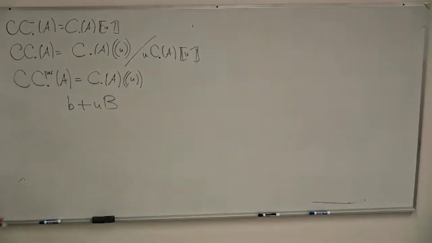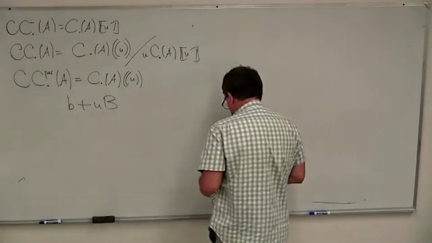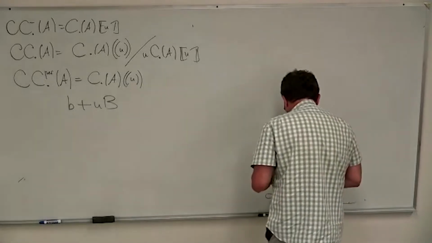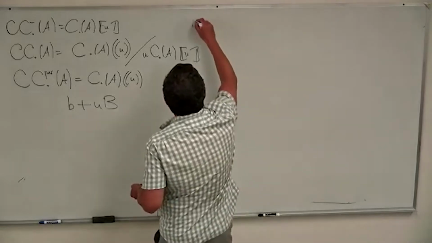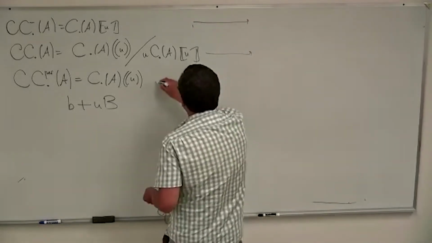Okay. Now, where is the geometric and indeed Hodge theoretical motivation for that?